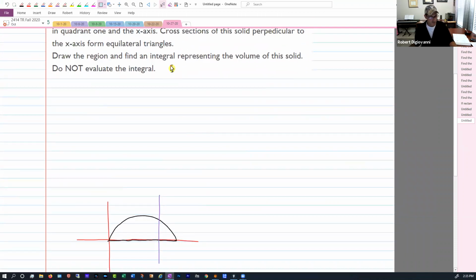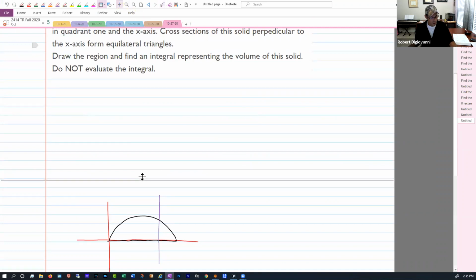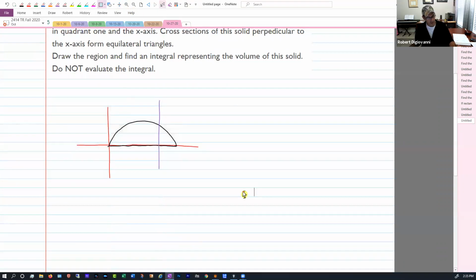Okay, so the first thing I do is I draw my arc of sine. That's the ground. So that is our sine function, y equals sine x. I know that that's the first arc, so it goes from 0 to pi. And now here's the tricky part. I'm going to try and draw this in 3-dimensional space. The way that I recommend you draw in 3-dimensional space is you draw your z-axis first.